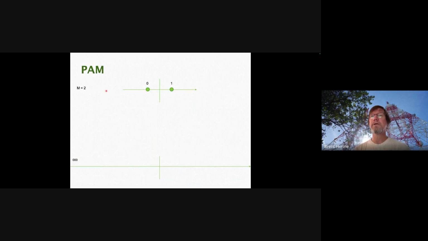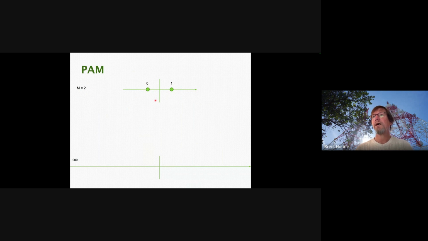All right, so let's look at some examples here. This would be m equals 2, or k is equal to 1. So 1 bit gets mapped to 1 symbol. If it's a 1, maybe it gets mapped up here to +1 volt or +10 volts or something. And if it's 0, it gets mapped down here, and maybe this is -1 or -10 volts.